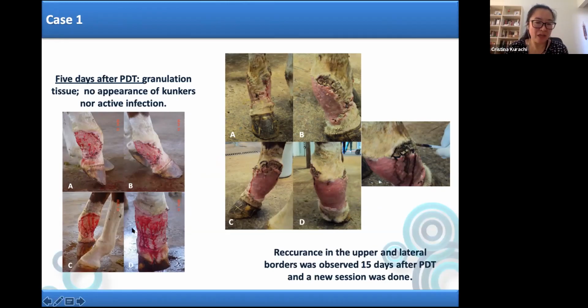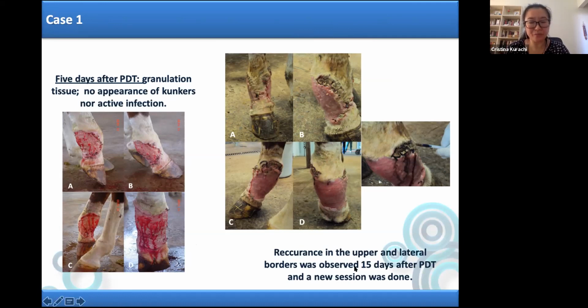This bleeding that you see here is just because the animal had to use an occlusive dressing, and when we removed it, due to the granulation tissue we have here, with high vascularization, there were those bleeding spots. But here we didn't have any clinical aspect of infection.